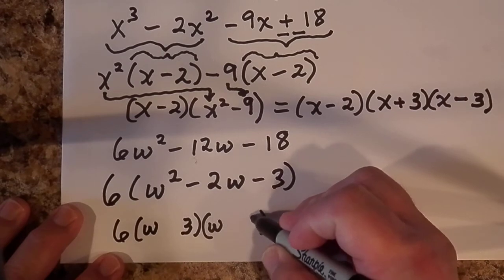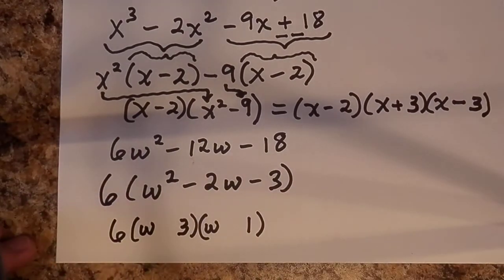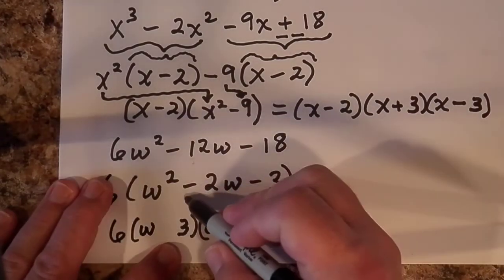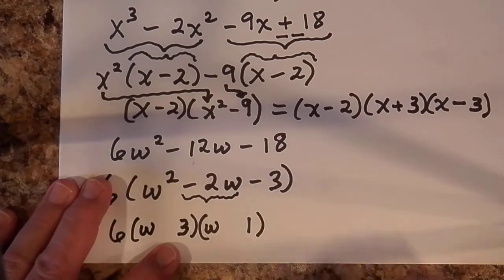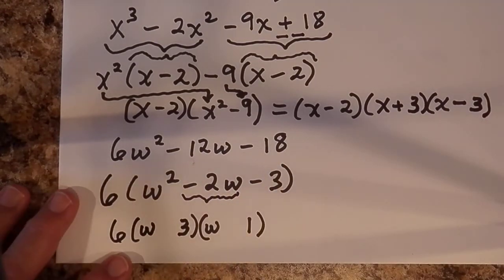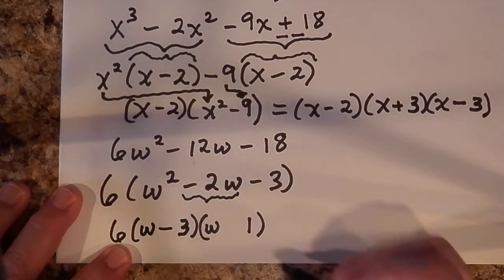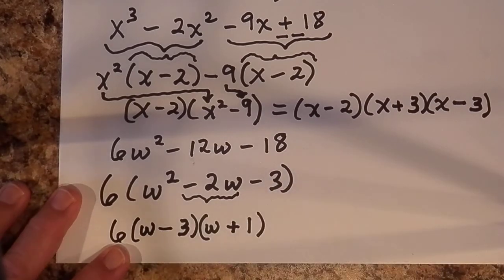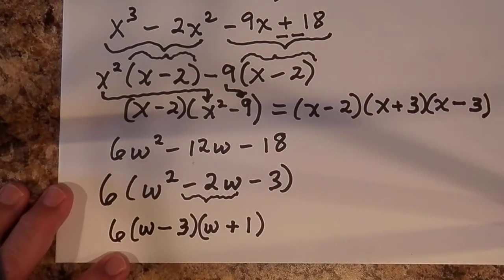It's just 3 times 1. So now we just need to get the signs correct so that this middle term comes out correct. So if I have minus 3 plus 1, that makes sure that I get negative 2w as the middle term.